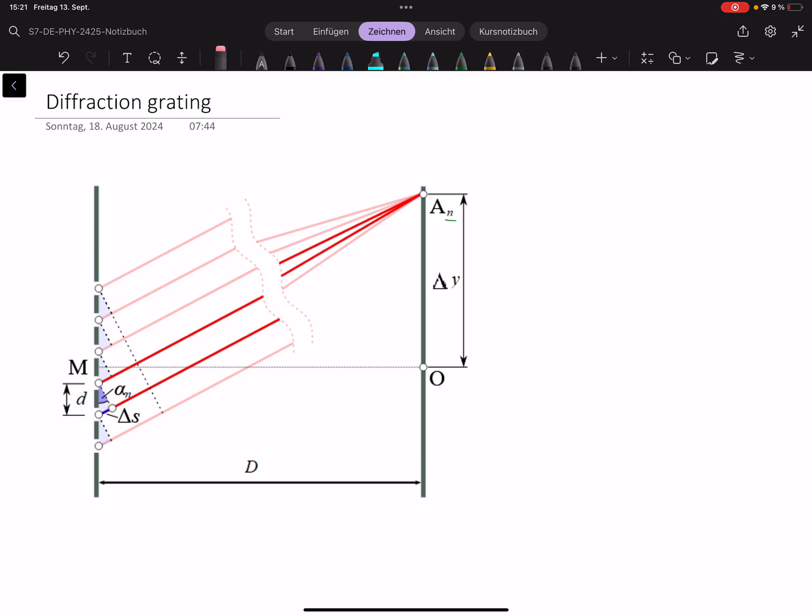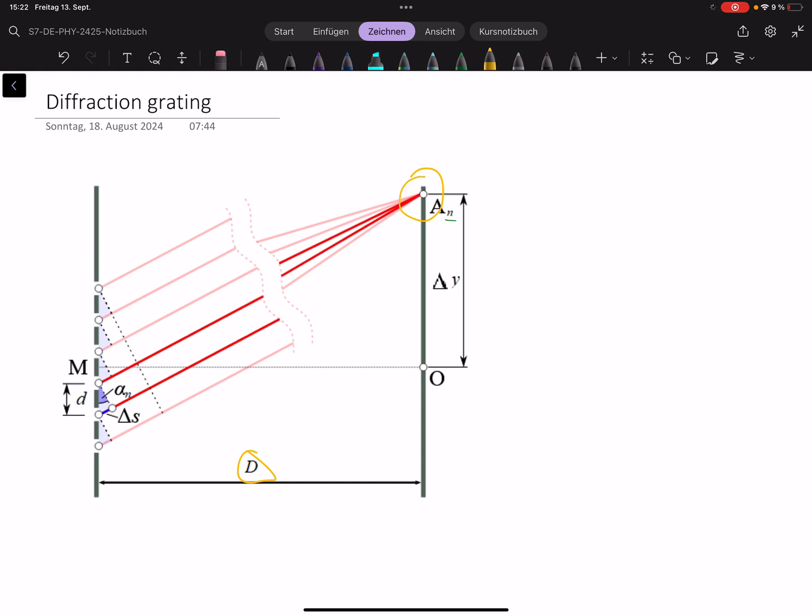As you can see here, we assume that the light rays are parallel to each other on the left side, but then again we assume that they meet in one point, so they can't be parallel. This is due to the fact that the capital D is very big compared to the distance between two light rays, for example.